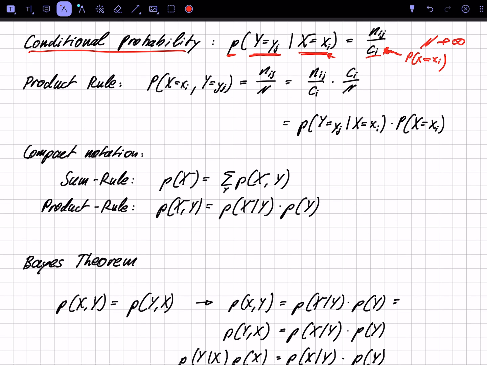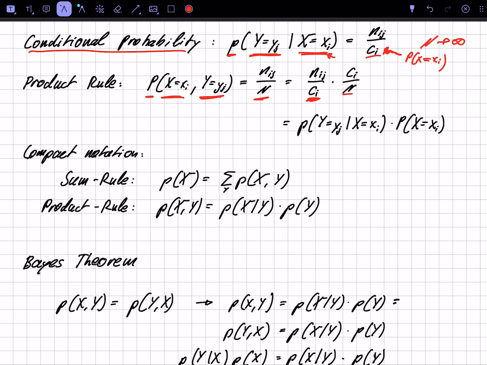And now we come to the product rule. We have the probability that x equals xi and y equals yj. This is the same as nij divided by n. That's what we had. And now we can extend our fraction by ci. So we divide nij by ci, that's the probability of y given x, times ci divided by n, the probability of x equals xi.